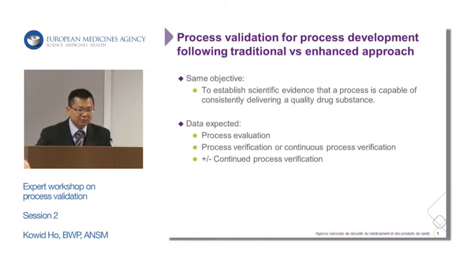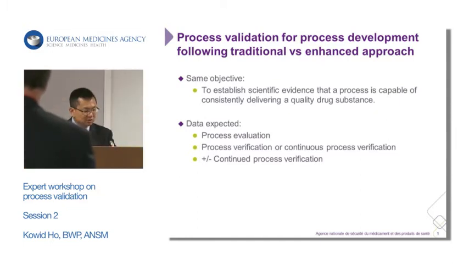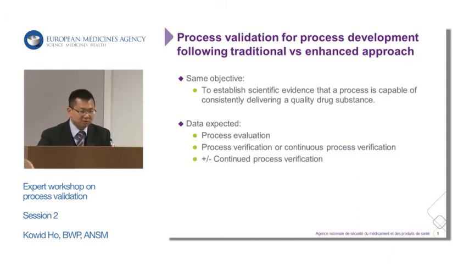We would expect, from a regulatory perspective, to have a proper process evaluation, a proper process verification, and where appropriate, we could also think about having some continuous process verification built into the development of this given process. And again, we will also need some continued process verification. I will not go back over this difference between continuous and continued again, but I'm sure we will bring it up during the discussion.